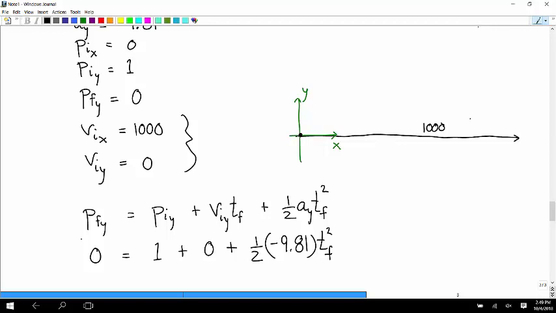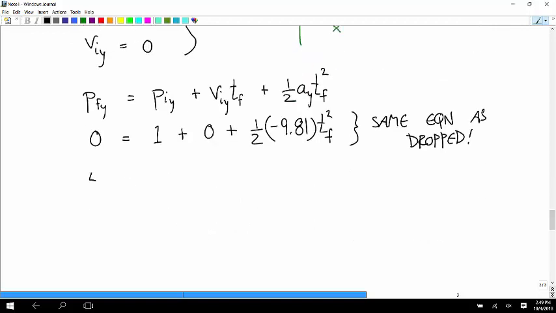So we get the same equation, and if you have the same equation, you're going to get the same time. That's the same equation as before. And so time final is equal to positive 0.455 seconds.